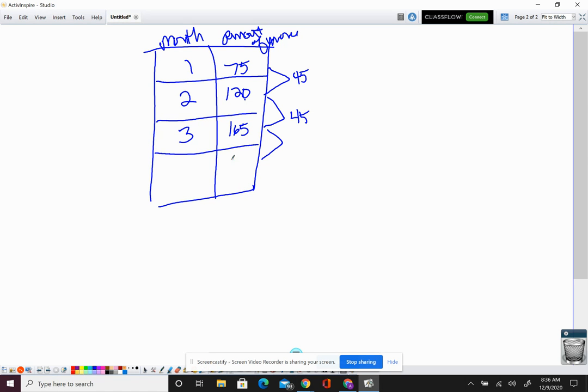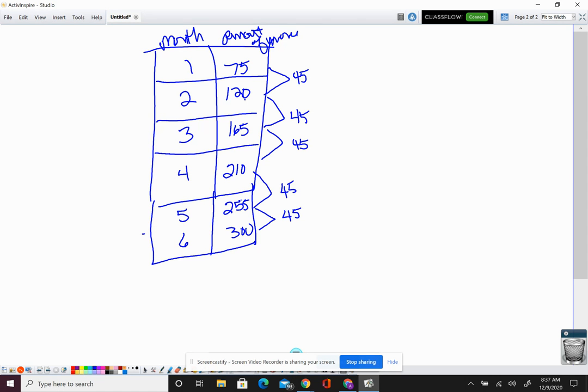So we keep going up by 45. At 4 months, she's going to be at $210. At 5 months, she's going to be at $255. And at 6 months, she's going to be at $300. So we continued our chart until $300 because that's what the saxophone costs.